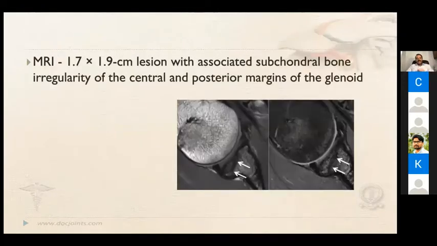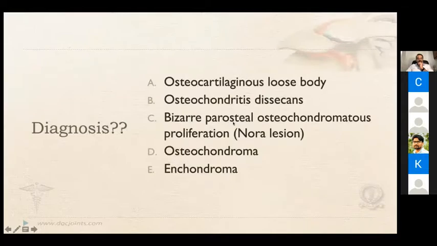There's a positive finding there, and a 1.7 to 1.9 area lesion on the glenoid, the central and posterior margins of the glenoid. I'll give you some choices. What's your diagnosis?